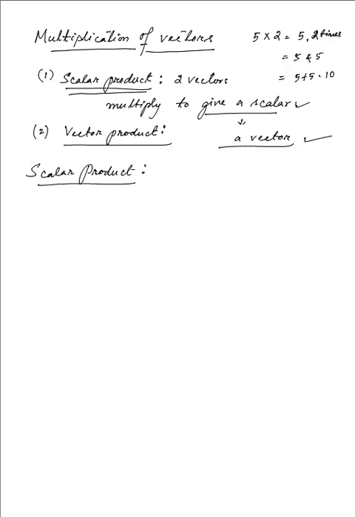Now the scalar product of two vectors is just, all I can say is the projection of one vector over the other, or the multiplication of the projection of one vector over the other. If we have two vectors A and B, so this is the vector A while the other vector is B, and they are having a certain angle theta with respect to one another, then we define the scalar product of A and B by the symbol dot.